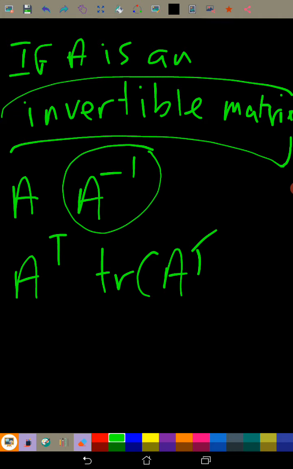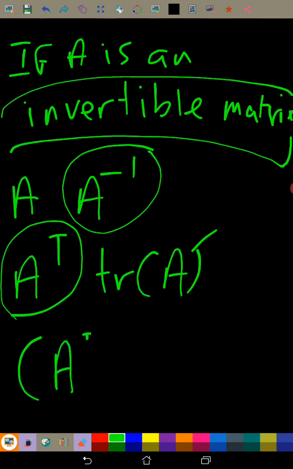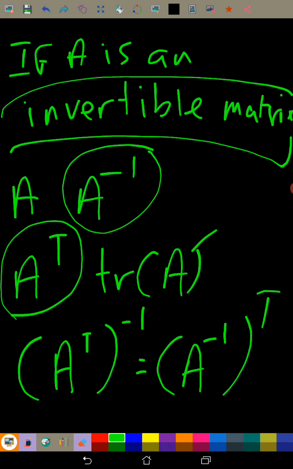So if A is an invertible matrix, then A transpose is also invertible, and A transpose inverse is equal to A inverse transpose. It doesn't matter if you transpose and then invert, or invert and then transpose. You're going to get the same result.